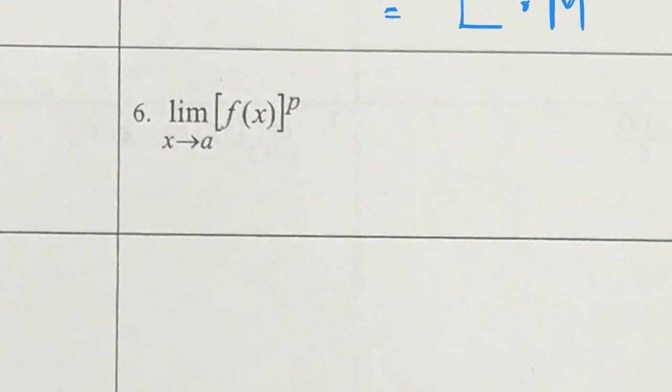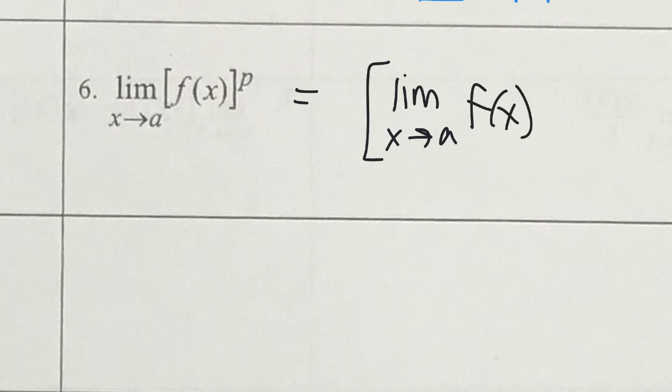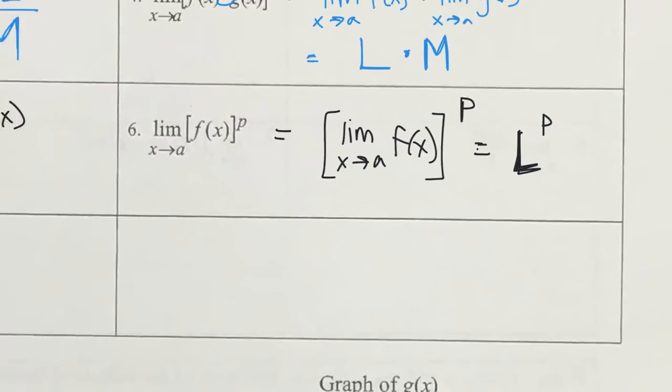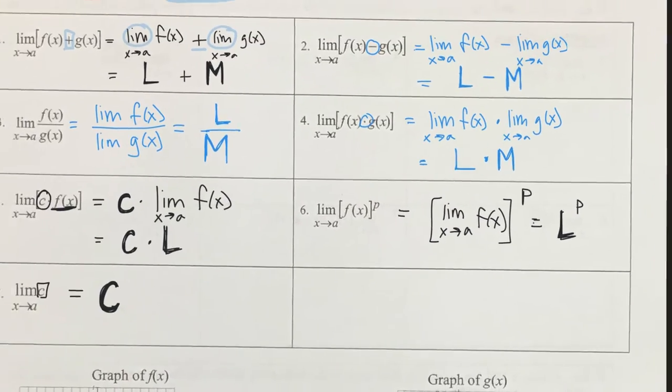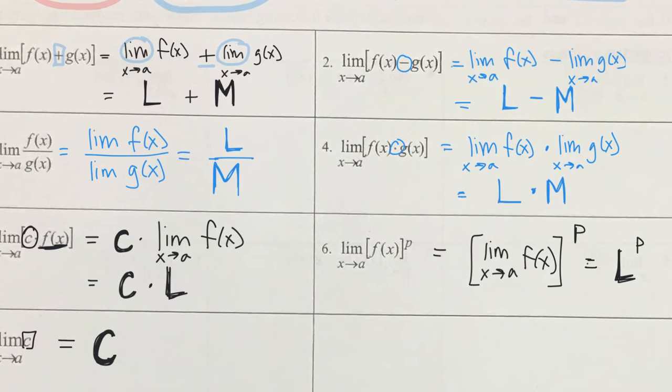Okay, and then our last one over here looks like if we have a product, that is essentially if we take the limit, it's like taking the whole entire limit. So you take the limit of your function and you raise it to that p power. Okay, so these are your properties of your limits, right?